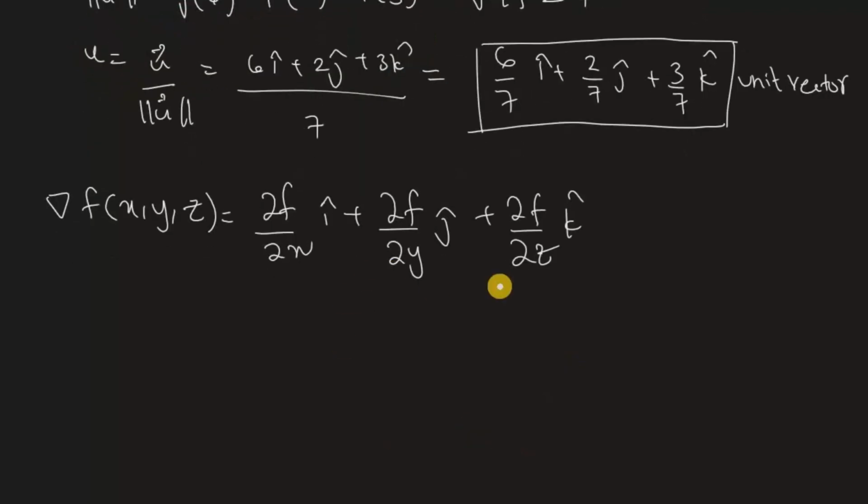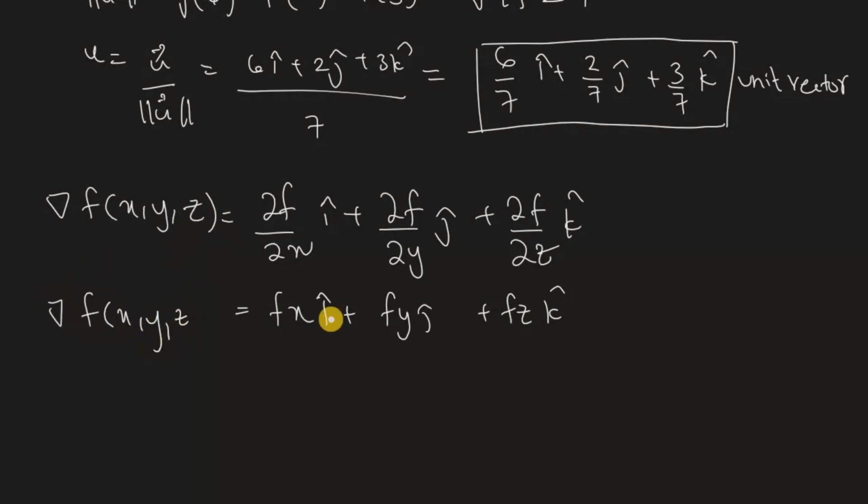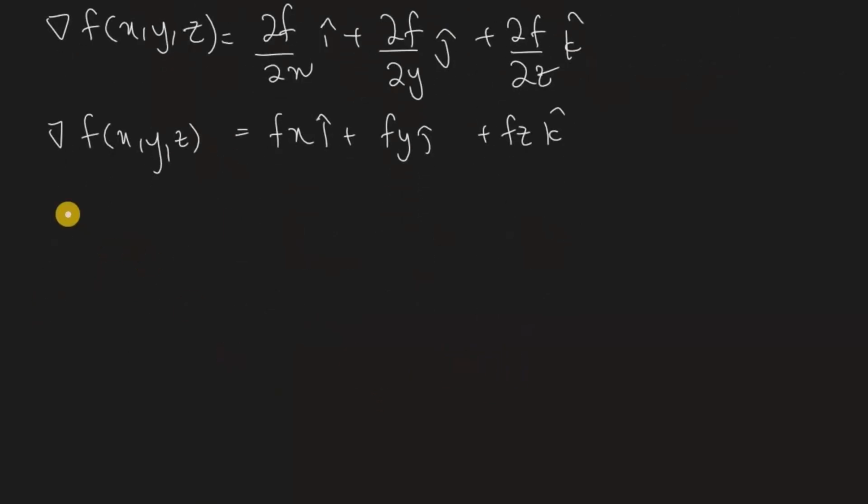If you want, you can write it in a simpler way: f of x i hat plus f of y j hat plus f of z k hat. It's the same thing, the same notation written differently. I'm just going to use f of x, f of y, f of z. It's simpler. So let's find f of x first.